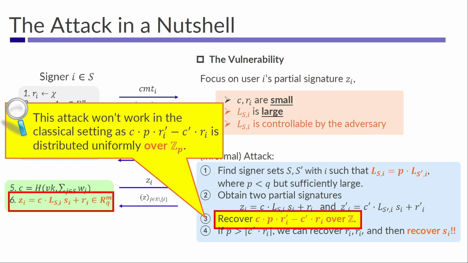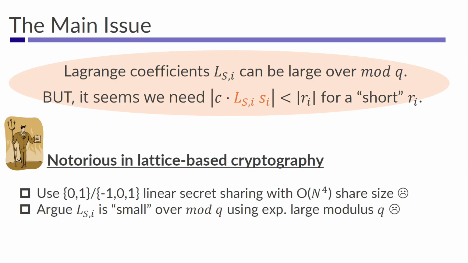This is why it's a bit tricky in the lattice setting, because everything has to be short, and this shortness can be exploited to some extent. So again, the main issue is that the Lagrange coefficient could be large over mod Q, but at the same time, for provable security, it seems that c times the Lagrange coefficient times si needs to be smaller than this randomness ri, which is supposed to be short within the proof.